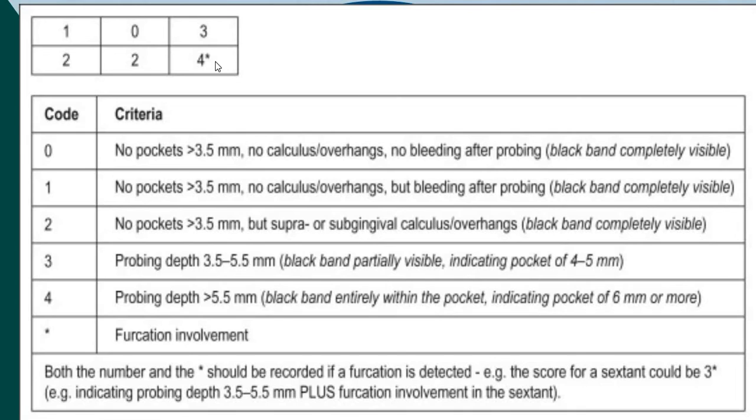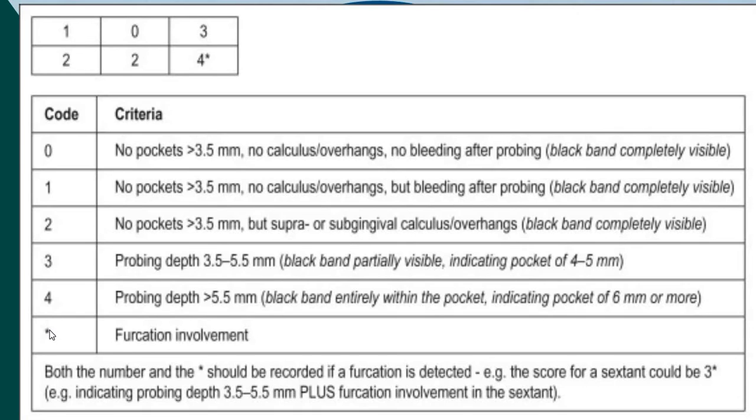So if you have, for example, score 4 from the first premolar to the last molar, just one score 4 in one sextant, and all the others are 0 or 1, you should write down 4 because the highest score is recorded.